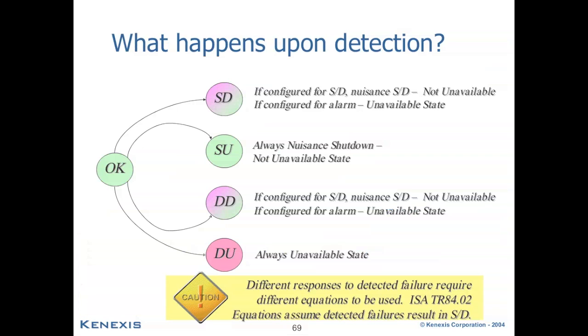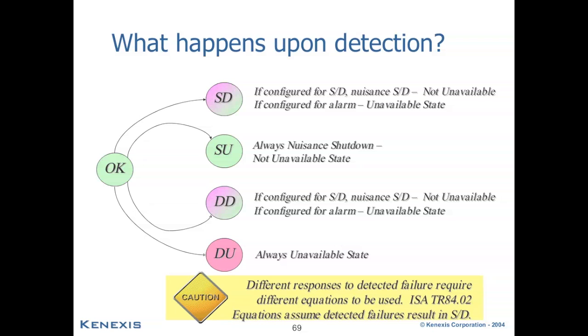With respect to detection, we'll look at how this plays an effect within our PFD average calculations and STR calculations, and we'll take a look at each of the failure modes available to us. In the case of safe detected failures, if it's configured for shutdown, a nuisance shutdown will occur, and the system will be in an available state.